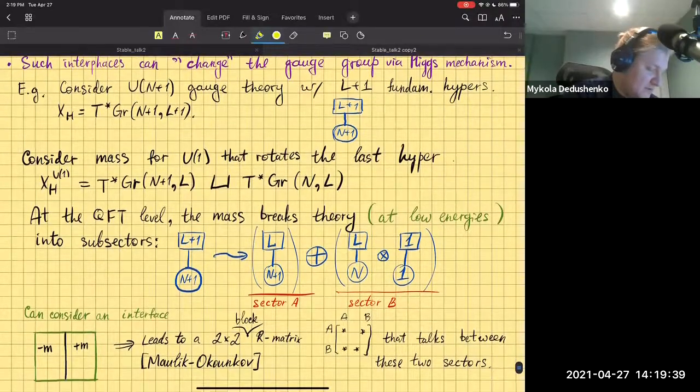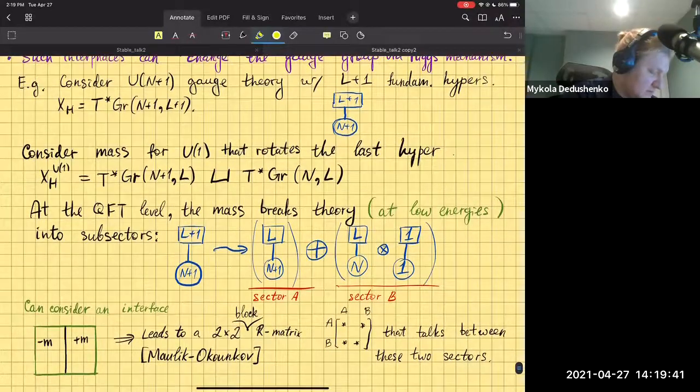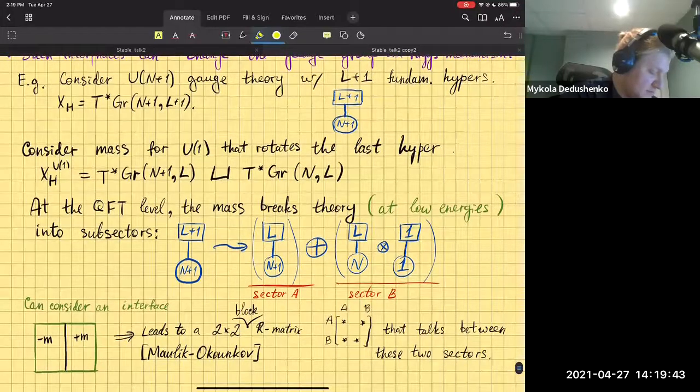And you can, of course, consider an interface for this mass where you change the sign. In this case there's only one mass, so there's only one wall in this space, which corresponds to 0 mass. And of course, this is an example, this example of T-star Grassmannian, where you take fixed points with this U(1) symmetry, from Maulik and Okounkov.